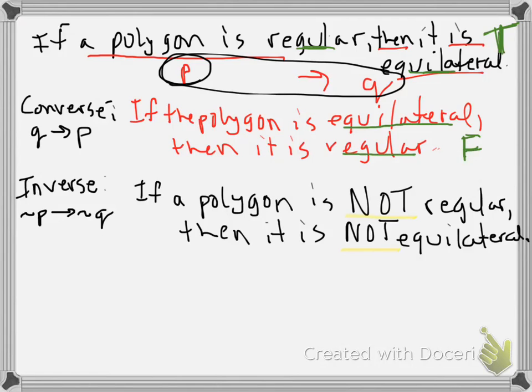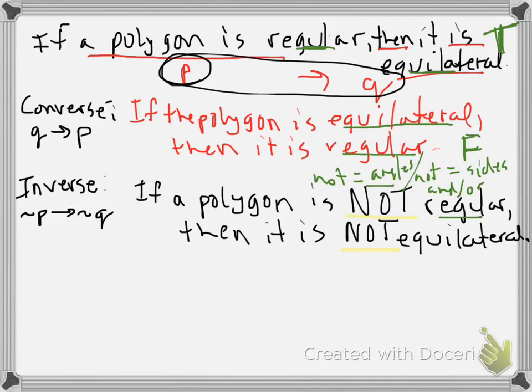If you're not regular, that means you're one or the other. You're not equilateral, or let's just say not equal sides, and or you're not equal angles. So a shape that is equal angles is not regular.